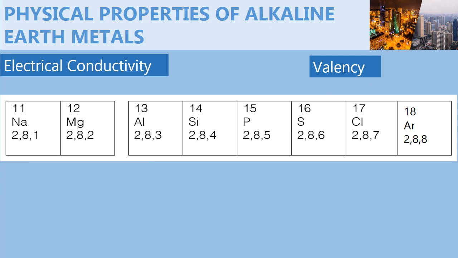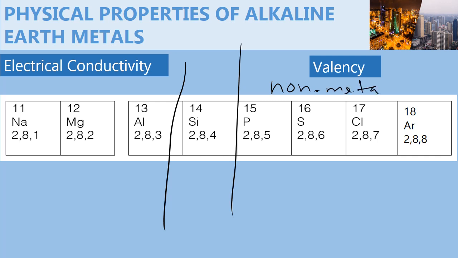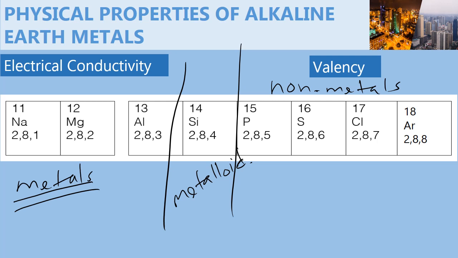When you talk about electrical conductivity, again, we need to divide the members into 3: the non-metals, the metals, and the metalloid. Now, all metals conduct electricity. They are good conductors of electricity because they have delocalized electrons.